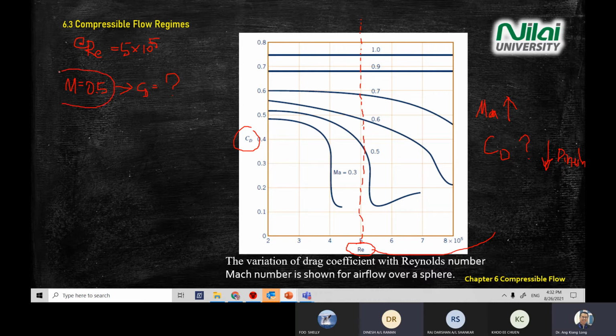What does Mach number 0.5 mean to you? This line, right? Yeah. So where is your Reynolds number intersection? It's on 0.375. Okay, 0.38. Now tell me, your Mach number is increasing to 0.6. What is the value of CD?